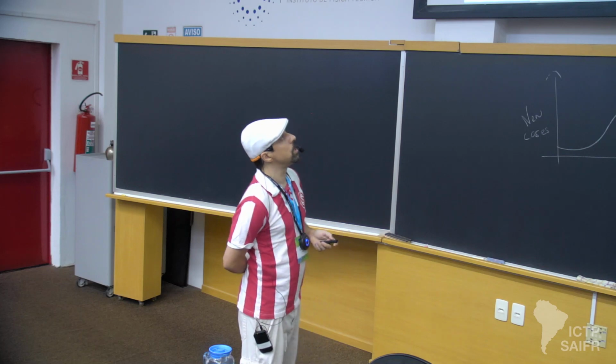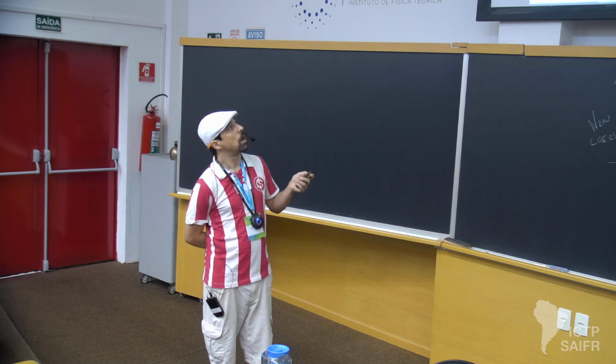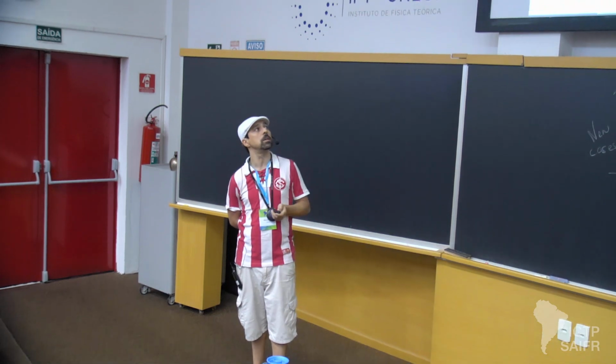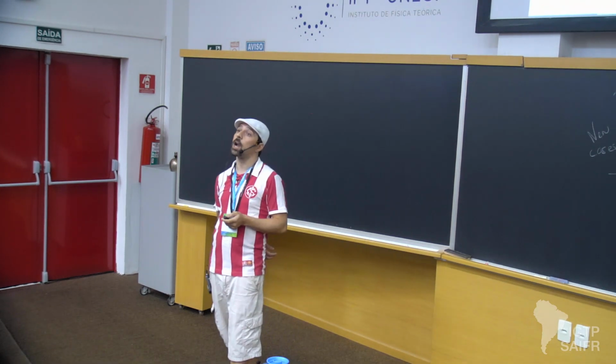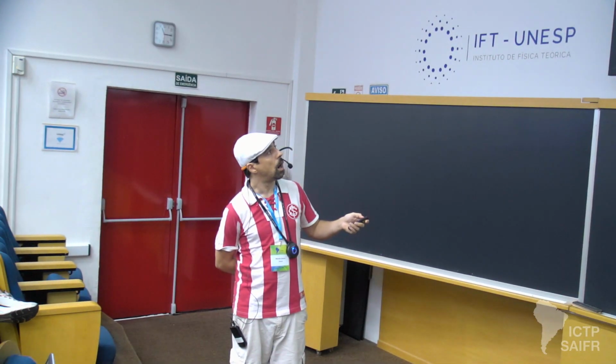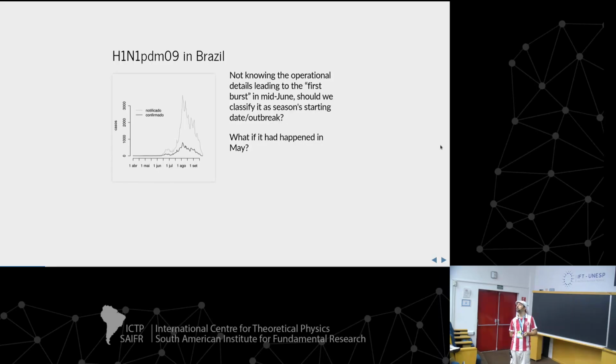Now, without knowing the operational details leading to this first burst, when would I say that the epidemic actually started in Brazil, based only on that figure? Around mid-June, mid-July, more or less, already here in mid-June. So we see that there is clearly a decrease here, right?